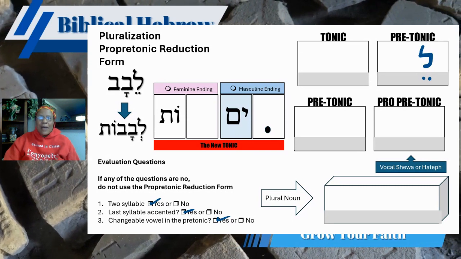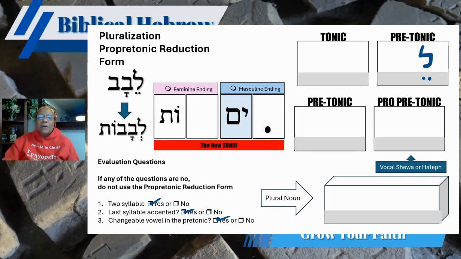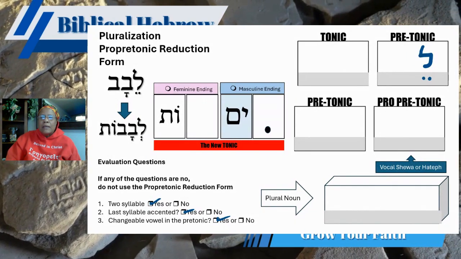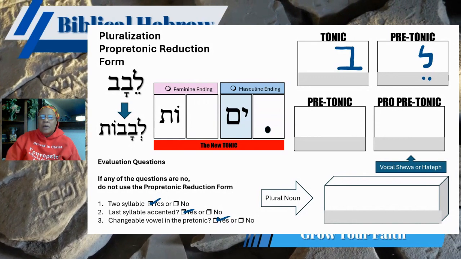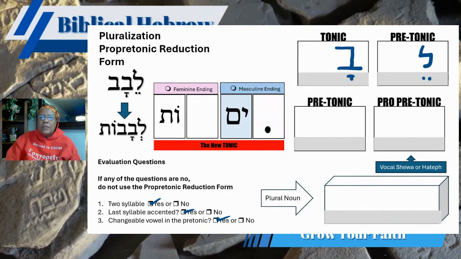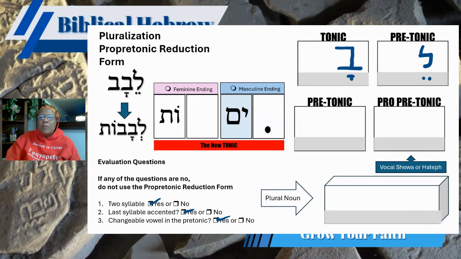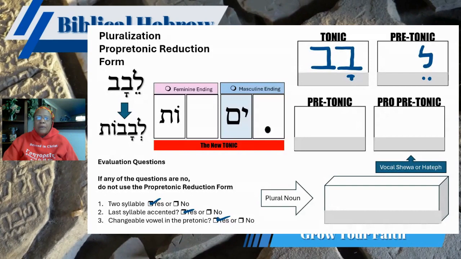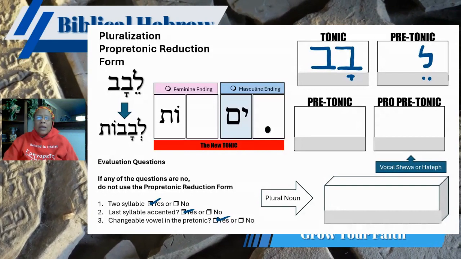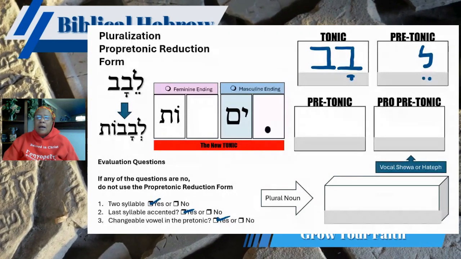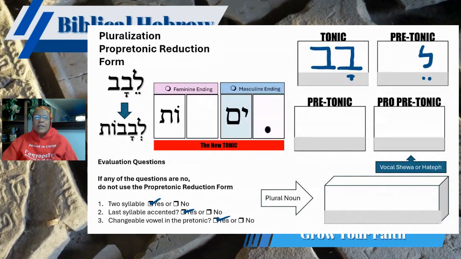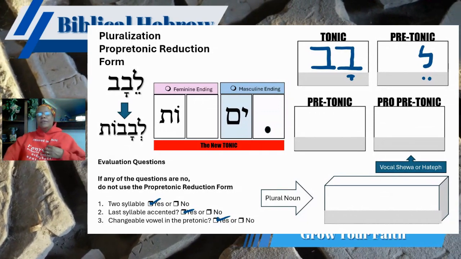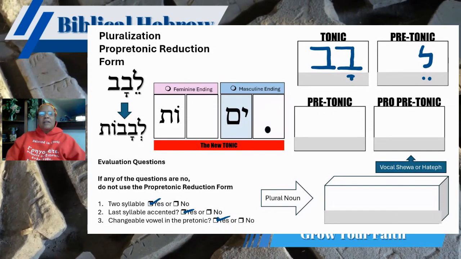And then the tonic is the begadkefat letters with their changeable vowel pointing. And so this last syllable, which very much looks like a geminate, so it seems to have held its geminate status, is vav. Isn't that interesting that the vowel in our heart sounds kind of like vav. Anyway, I don't know if that helps your memory.